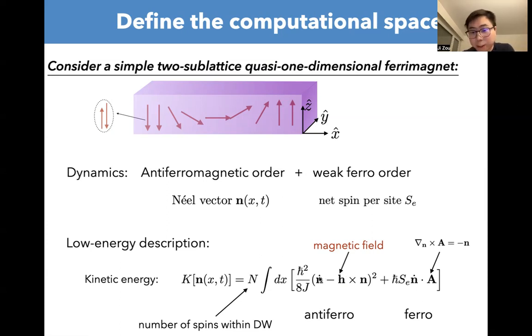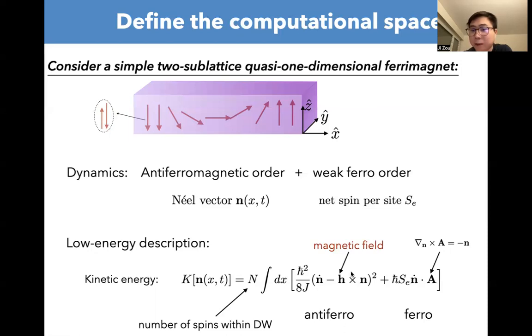For example, we can expand this square, and we would get 3 terms. The first term would be quadratic in the time derivative, which is the standard kinetic energy for the antiferromagnet. And we also have a cross term, which is linear in the applied magnetic field H, and also linear in the time derivative, meaning that it is a geometric phase.